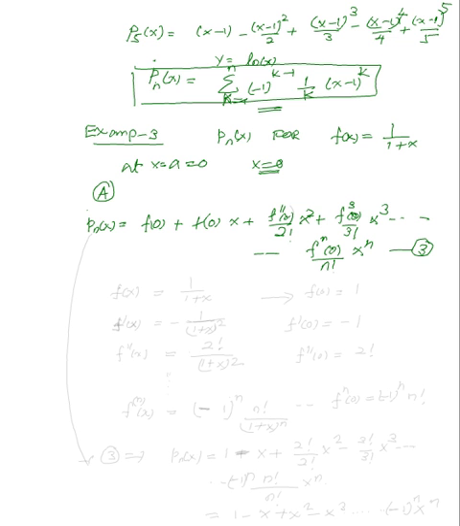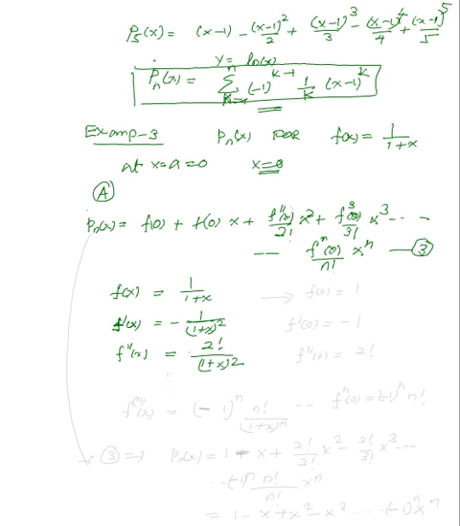Now we need to find the derivatives of f of x. So f of x is 1 over 1 plus x, and with a little bit of the quotient rule or some other ways, we could find f prime of x is negative 1 over 1 plus x squared. I'm not going to illustrate how to find these derivatives, but if you know a little bit of calculus, you could easily find them. So f double prime of x is 2 over 1 plus x cubed.